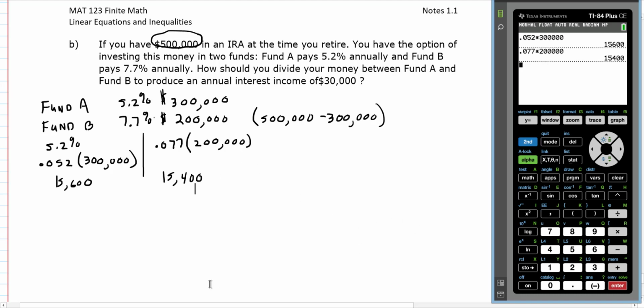Now, if I added these together, the 15,600 plus the 15,400, that would add up to 31,000. Now that's wrong because it's supposed to add up to 30,000. But just by doing this, this helps you understand how the equation goes.